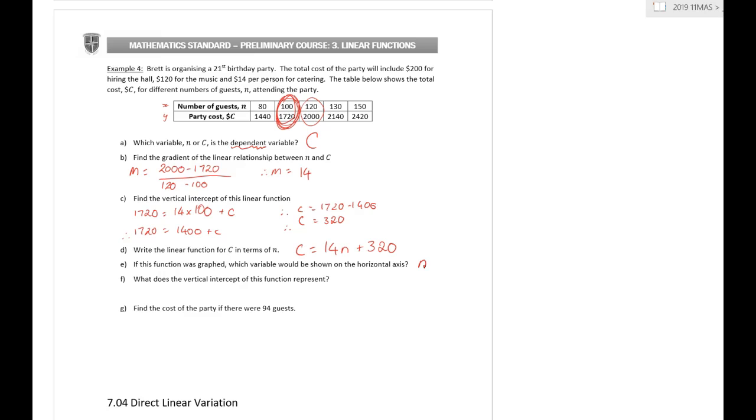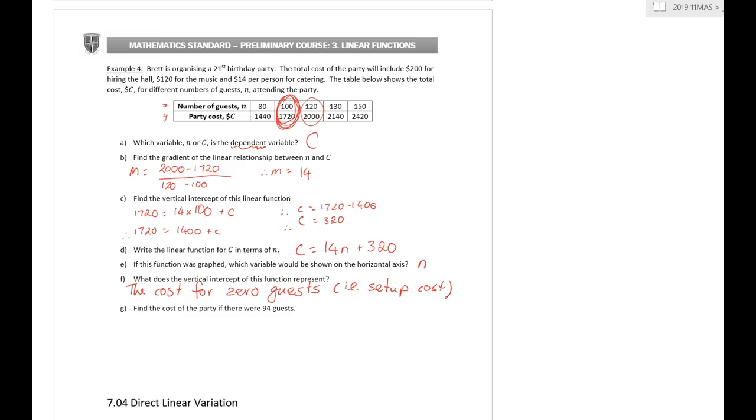But typically the answer that markers seem to like here is the cost for 0 guests. I might say, i.e. a setup cost.